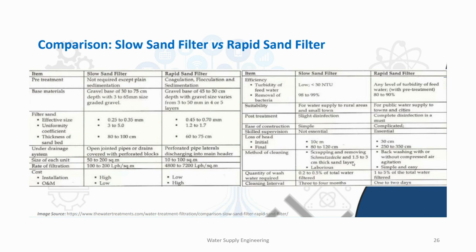It requires time and skill. But in the case of rapid sand filters, it's rather simple, because with or without compressed air agitation, simple backwashing will aid the cleaning of rapid sand filter beds.